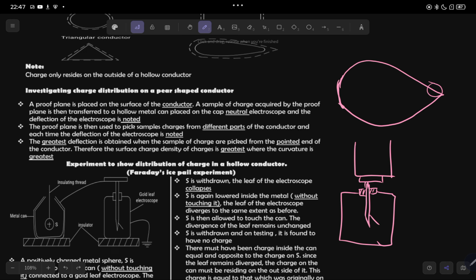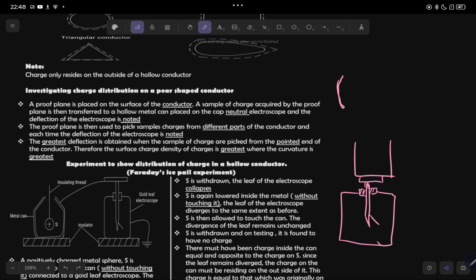So, when they observed this with different parts, they discovered that the gold leaf will deflect most when the proof plane has been transferred from points of maximum curvature, or from sharp ends or points on the conductor.